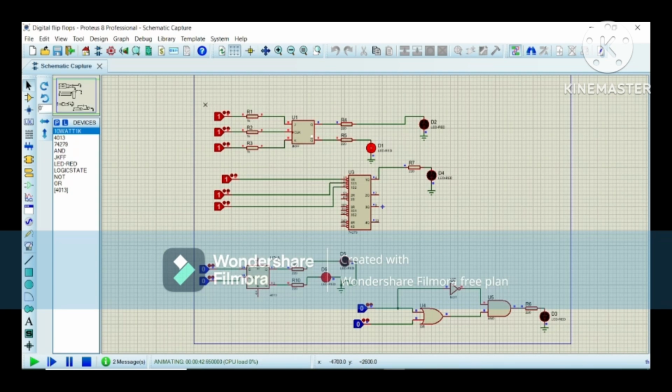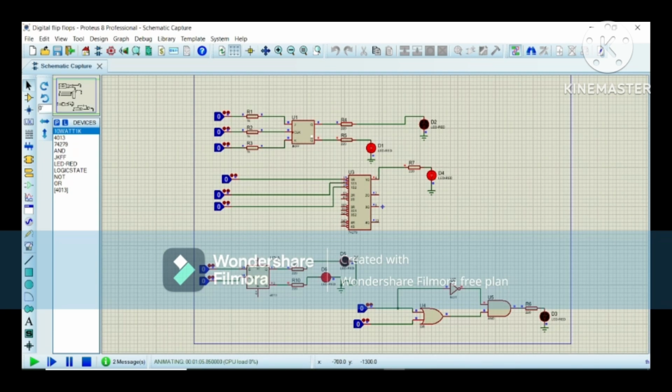And also in the JK flip-flop, I remember that we didn't connect it correctly because the LED was badly connected, and the inputs were also badly connected.